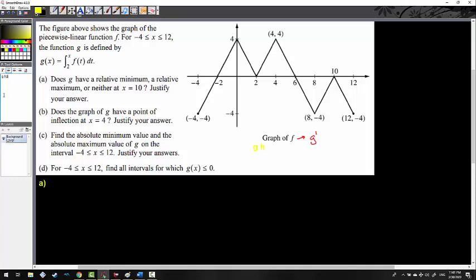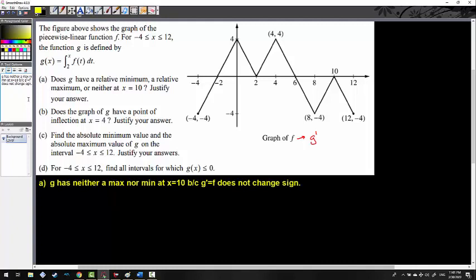So g has neither a max nor min at x equals 10 because g prime equals f does not change sign.